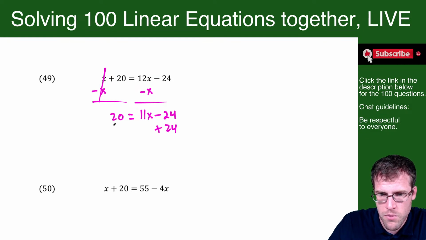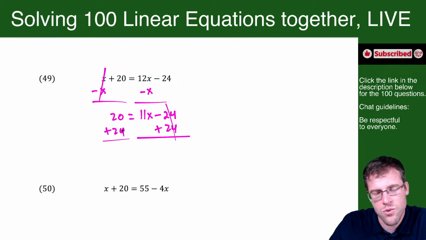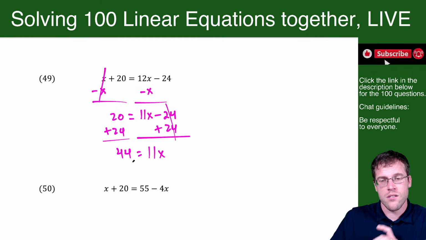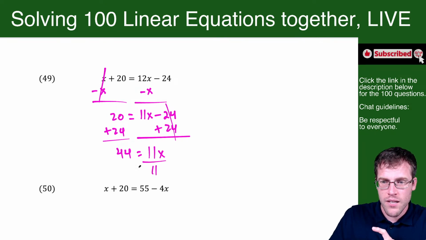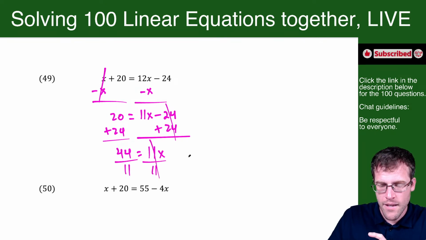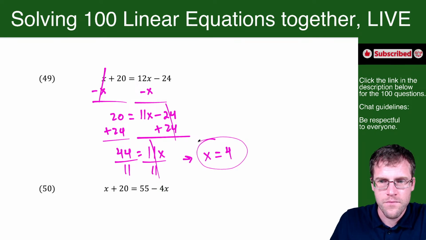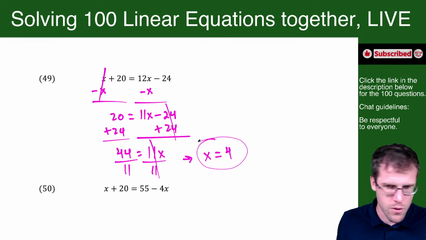Now plus 24 on both sides. And minus 24 plus 24 cancels. 44 equals 11x. So divide both sides by 11. And now we've got x equals 44 over 11 is 4. Cool. So 49 should be x equals 4.